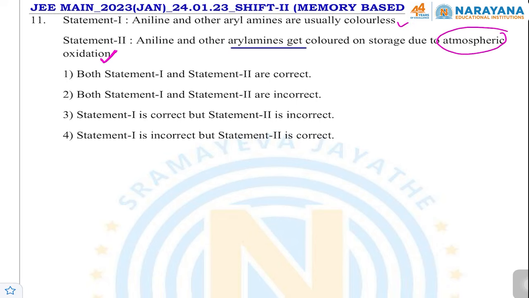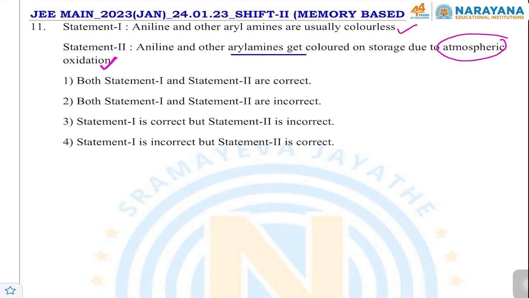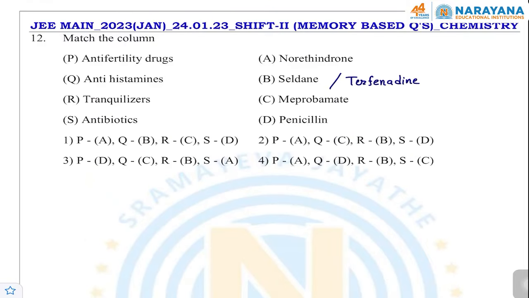That leads to the color of the compound. The quinones will be dark colored. Therefore, the oxidation of aniline and aryl amines leads to the dark color of the substances after long storage. So both statements 1 and 2 are correct.